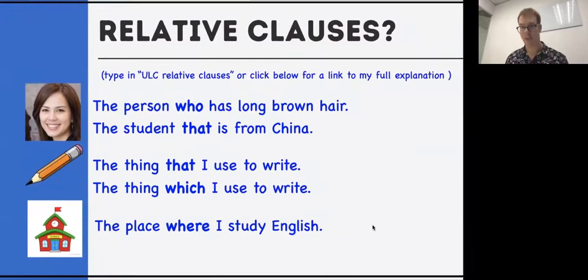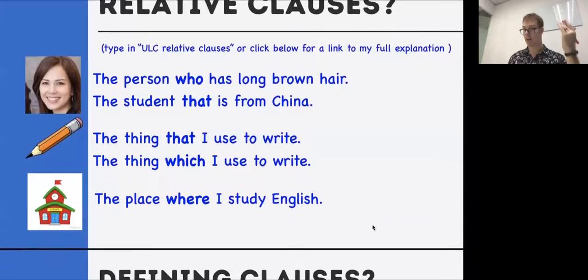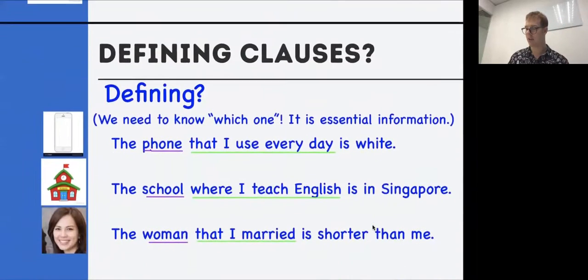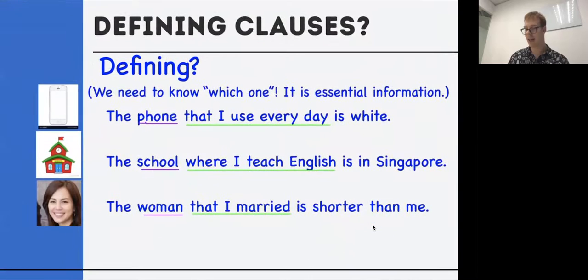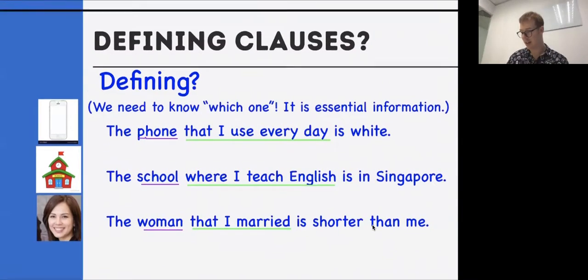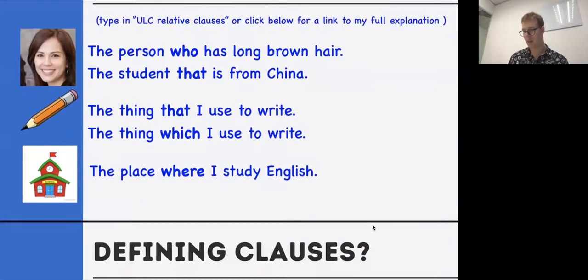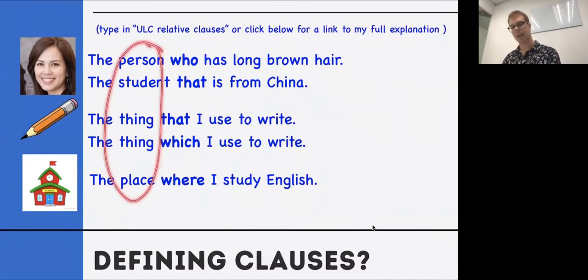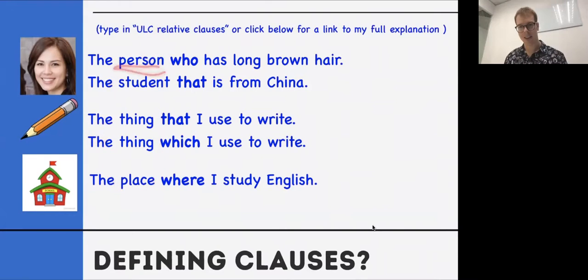So now I want you to look for our upper students. Sometimes we have the clauses we call defining clauses. And spoiler alert, they're the same as these ones. All of these, the person, student, thing, place, I don't know which one. If I say the person, how many people do you know?